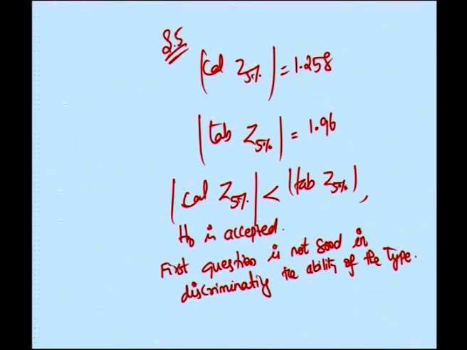We have answered the question given, that is, the first question is not good. You have been asked to verify whether the first question is not good. Yes, the first question is not good, that is the answer.